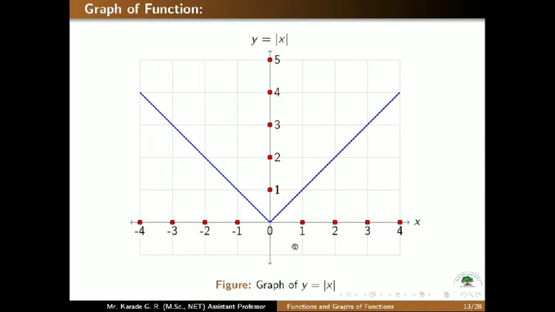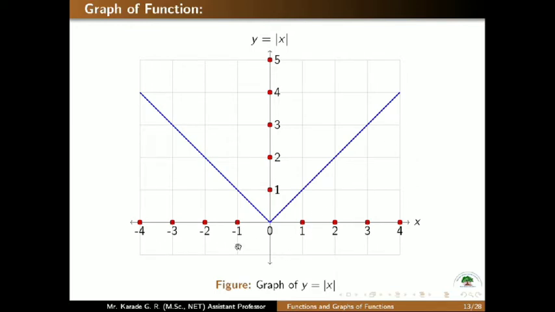On the right hand side of the y-axis we see that as values of x go on increasing, the values of function f of x also go on increasing. So on the right hand side of the y-axis the graph of the function is an increasing graph.